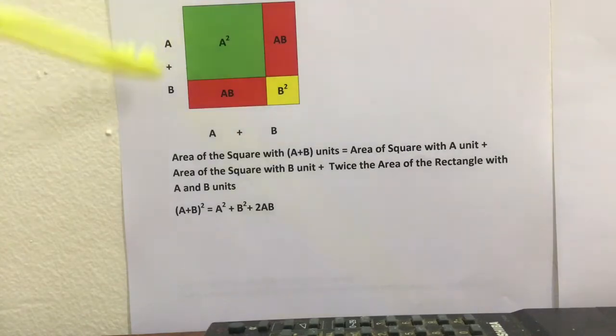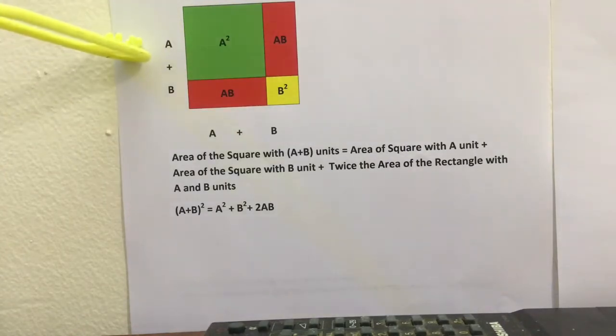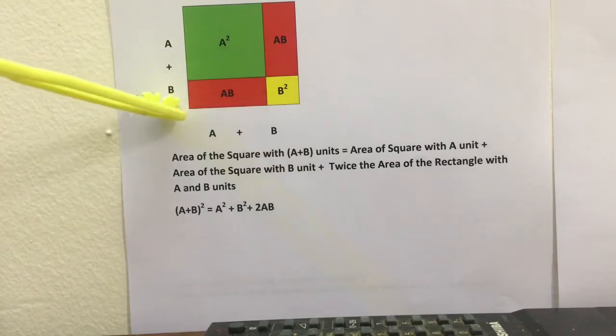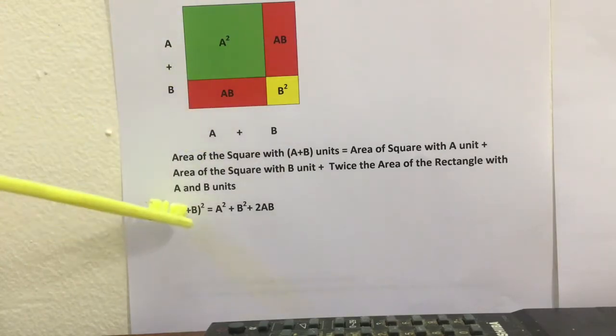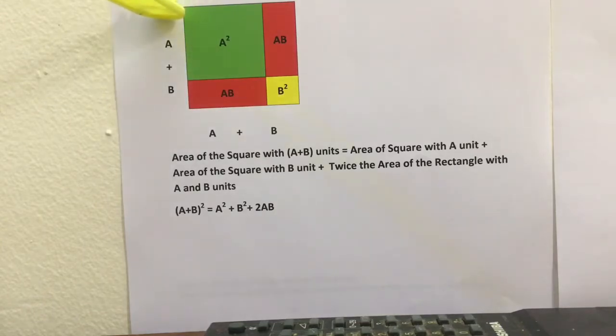Now I would like to find the area of this square. We know that area of the square is side multiplied by its side. So a plus b into a plus b equal to a plus b the whole square. Now I divided the area of this square into four parts.